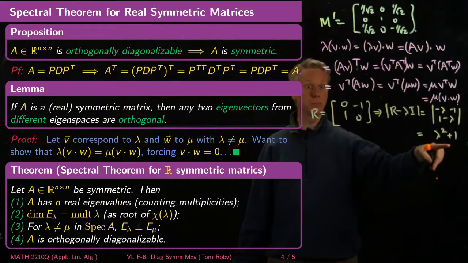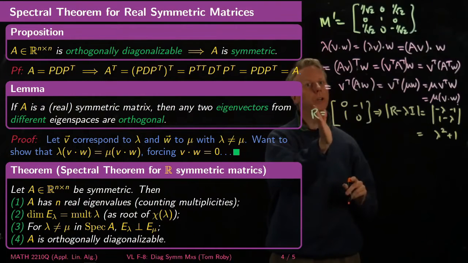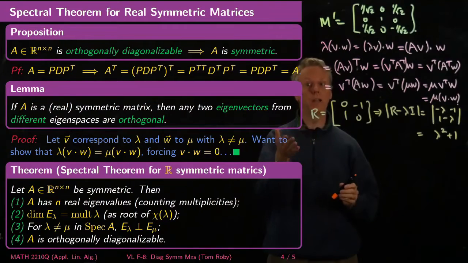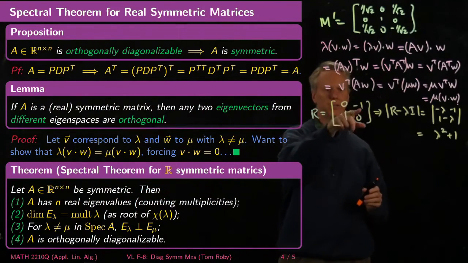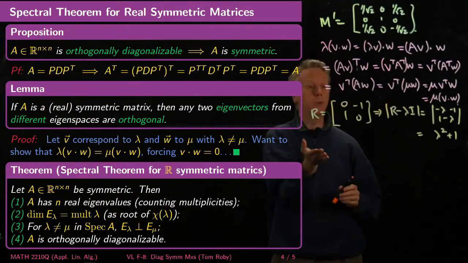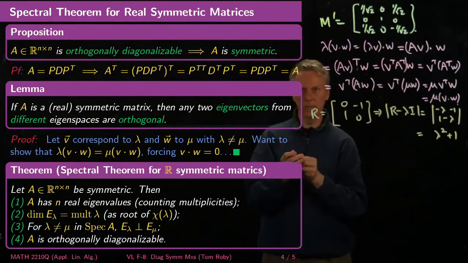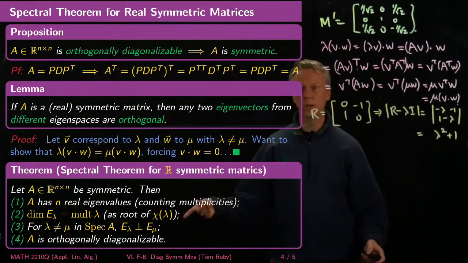The roots are plus or minus i. So this is an example of a matrix whose entries are all real, but I need complex eigenvalues in order to talk about all of its eigenvalues. This matrix is not symmetric, as you can see. If I had a symmetric matrix, I wouldn't be able to do this. I would have to get a polynomial that factors into linear factors with real numbers.